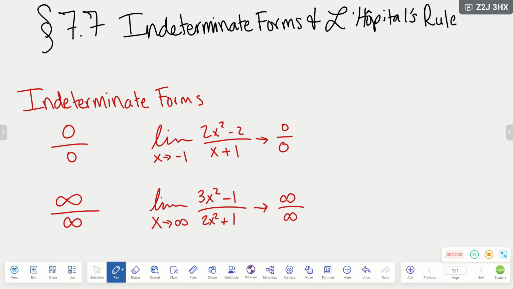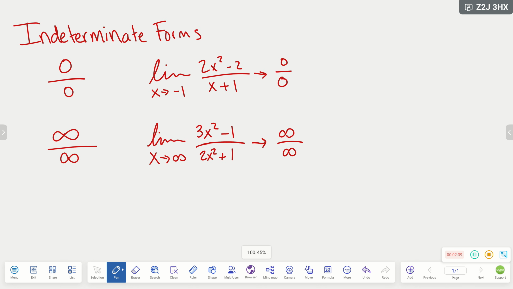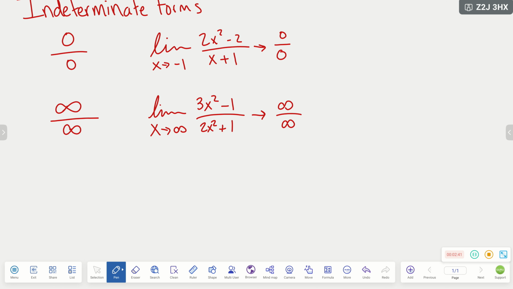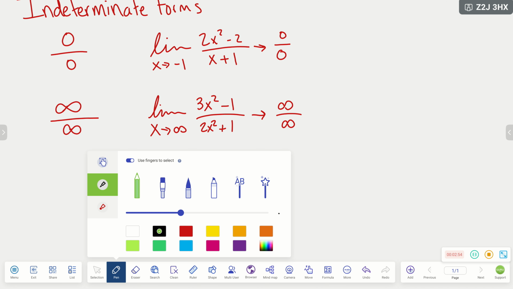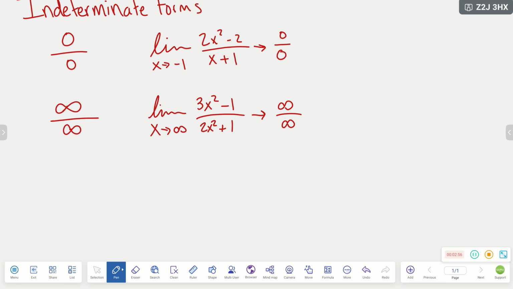All right, so a shortcut to this, instead of using algebra, because sometimes the algebra can get a little tricky, is saying L'Hopital's rule here. We'll make this purple.